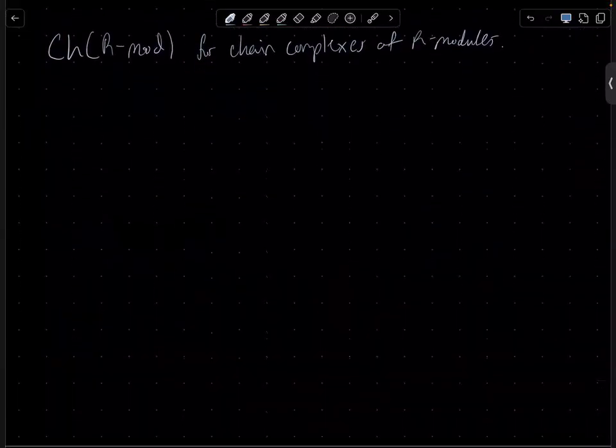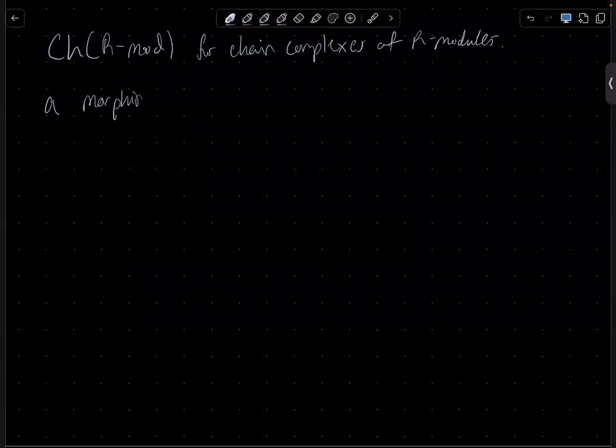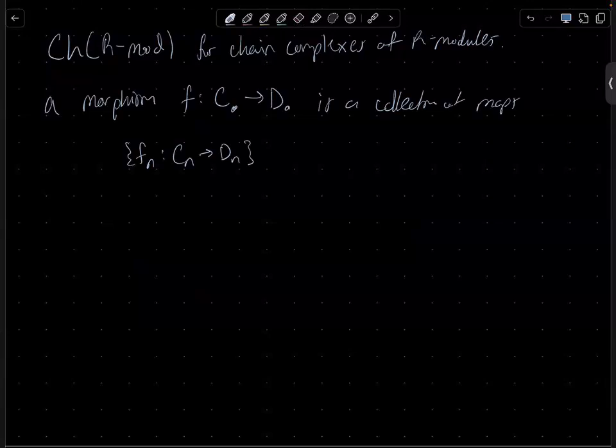So a morphism F of chain complexes C and D is really a collection of maps Fn, each one going from Cn to Dn. But they're not just any maps. They have to play nice with the differentials in a certain way.